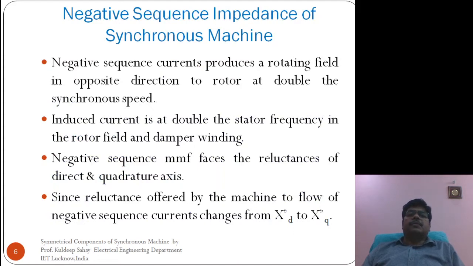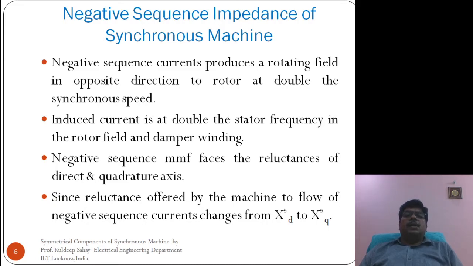Now, negative sequence current produces a rotating field in the direction opposite to the rotor at double the synchronous speed. Since it flows opposite to the rotor direction, their relative speed will be double the synchronous speed. So at double the stator frequency, current is induced at double the stator frequency in the rotor field as well as the damper winding.